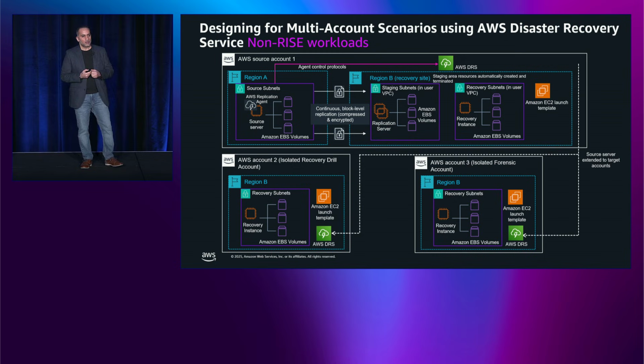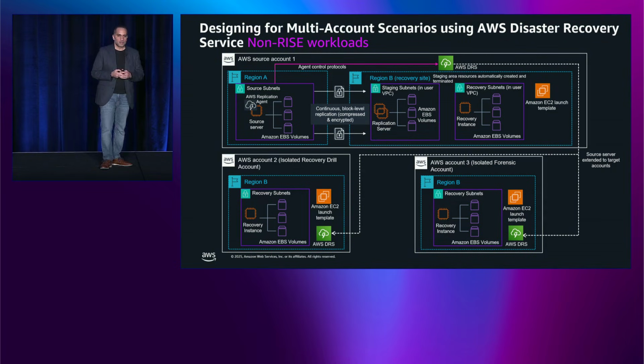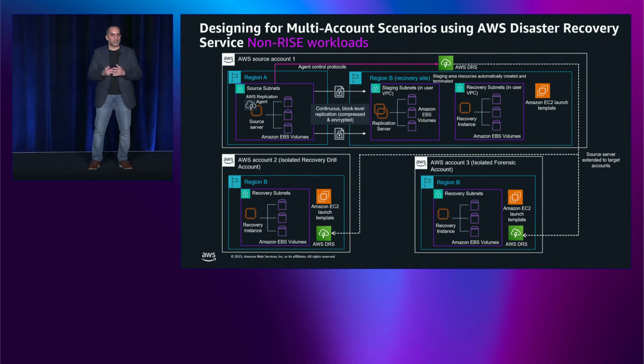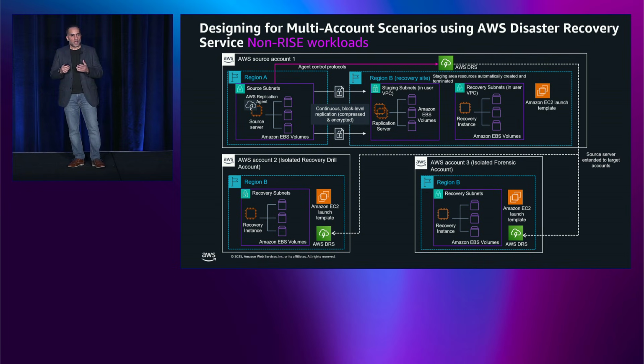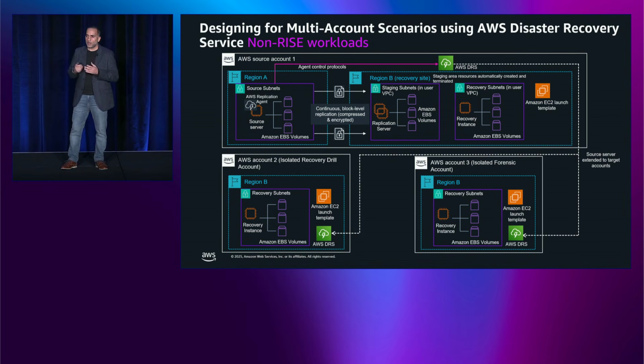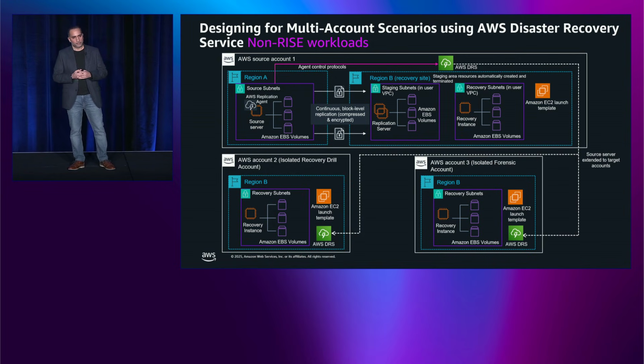Enterprise disaster recovery often requires multi-account architecture. This architecture shows how AWS Elastic Disaster Recovery supports recovery across multiple AWS accounts. You can have replication into a staging area in an account, but have recovery into a completely different AWS account.